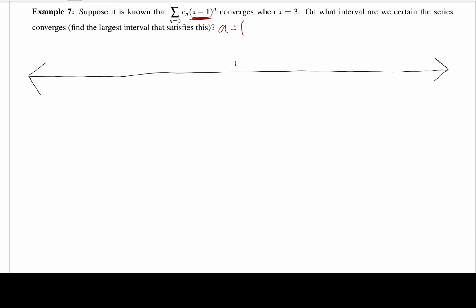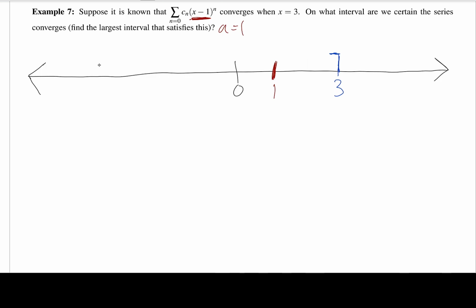Alright, so this will be 0. This will be the center of our series, which is a equals 1. Alright, we are told that this interval certainly converges when x equals 3. So let's say 3 is right here.